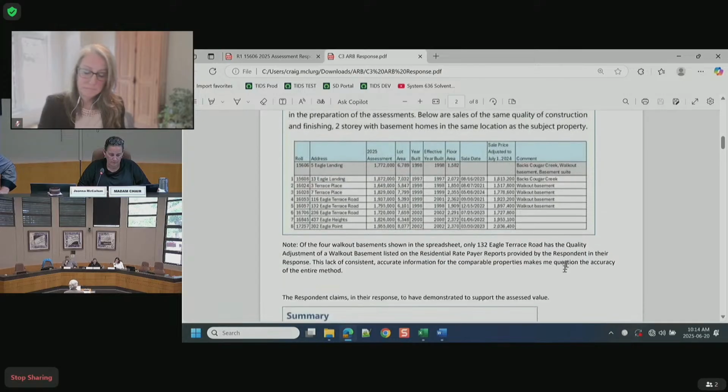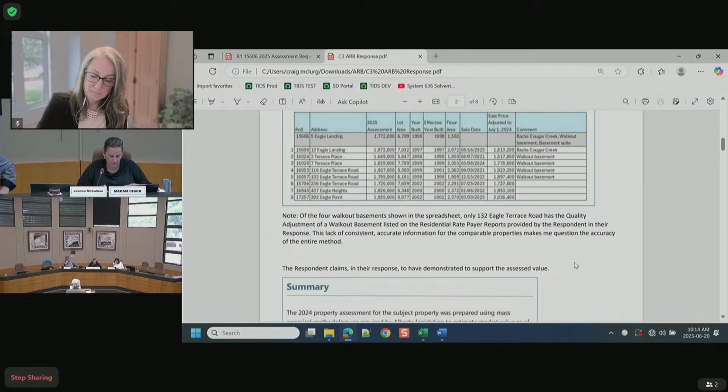Of these 4 properties with walkout basements, only 132 Eagle Terrace Road has the walkout basement noted in the quality adjustment on the residential ratepayer report. 3 of them are listed in this spreadsheet that was provided to me, but are not on the residential ratepayer report, which calls into question the accuracy of the comparable properties and potentially the accuracy of the entire method.